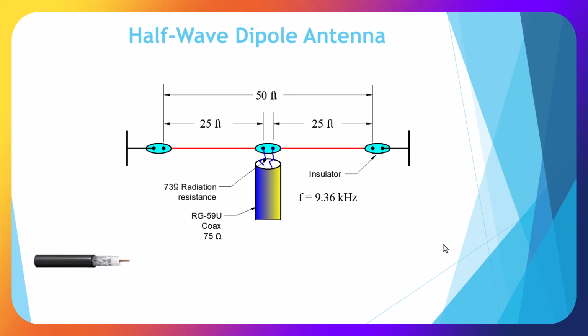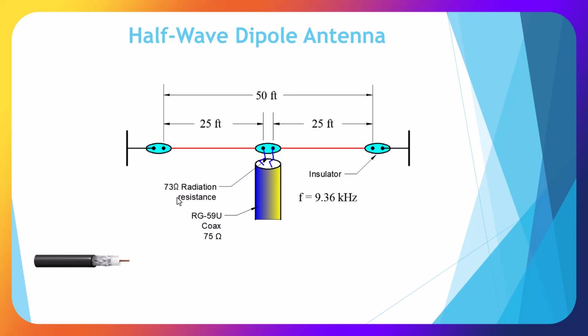Actually, here I'm showing an actual example of a half-wave dipole antenna. I backtracked from the formula that's on our homework, and I started with a 50-foot wavelength, and then I went back and calculated, so we got 9.36 kilohertz.